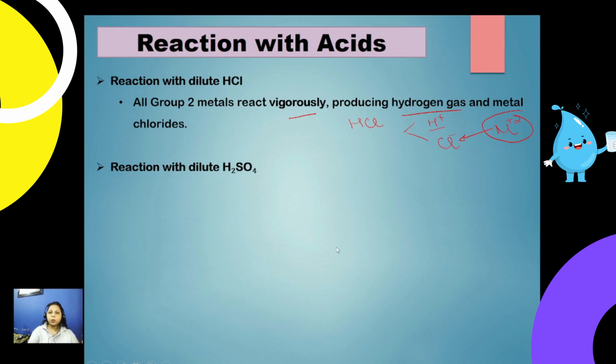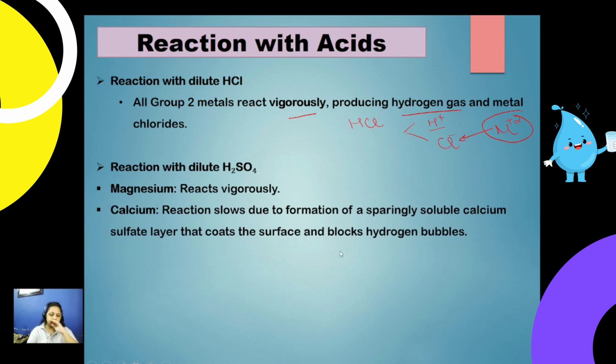When they react with sulfuric acid, the reaction is the same, a vigorous reaction is going to occur. But keep in mind that there are certain sulfates which are not soluble: calcium sulfate is not soluble, strontium sulfate is not soluble, barium sulfate is not soluble. So it seems that the reaction stops after a certain time.